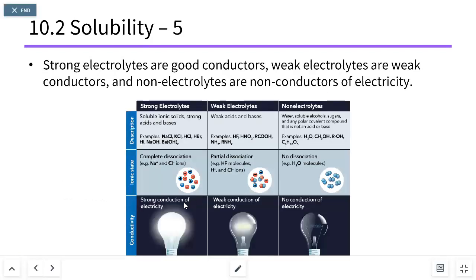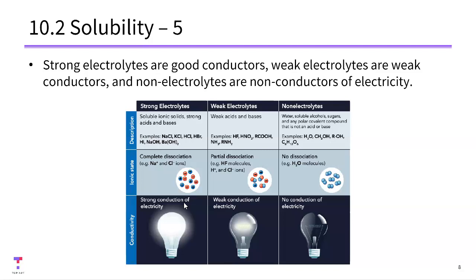Let's look at this pictorially so it can kind of give you an idea of what I'm talking about when I say conductivity. So over here on the far right, we've got non-electrolytes. Really cool experiment that you can do with electrolytes is there's a conductivity apparatus that you can acquire where it's basically an open circuit with a light bulb.